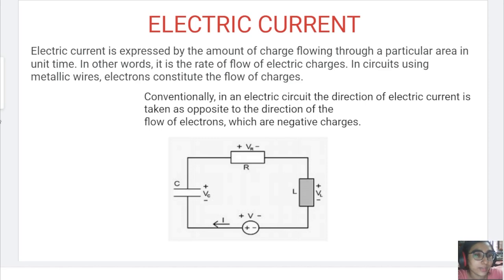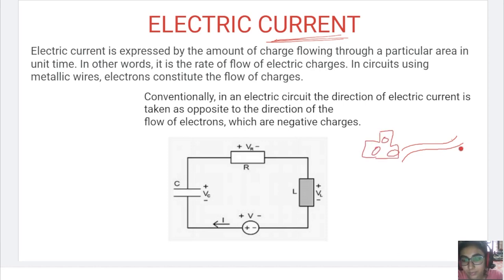So we have listened to this term since we were kids. We always know that current is something that flows through wires and how we should not touch a socket which is already switched on, right?